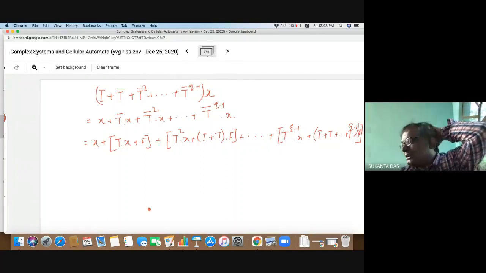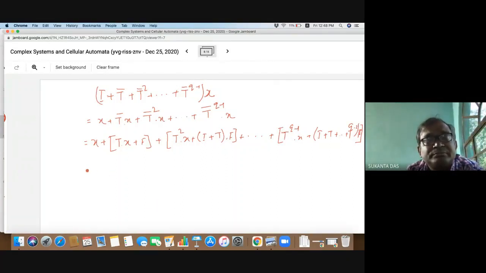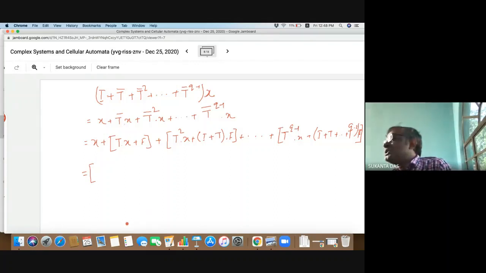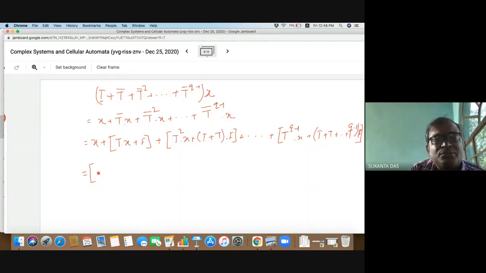Now rearrange them. How I'll rearrange it? In one side T and on the other side F. So what will we get here?